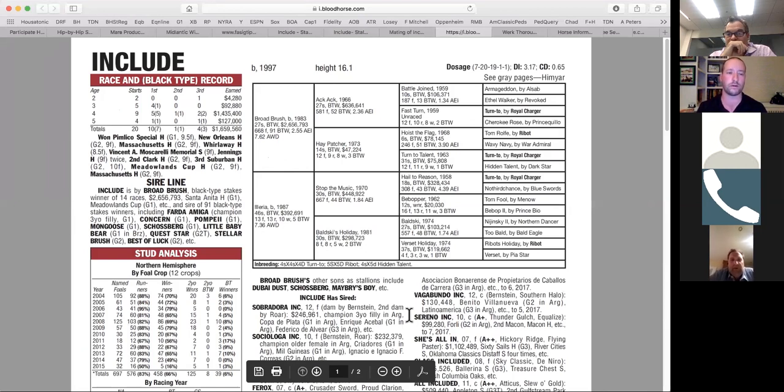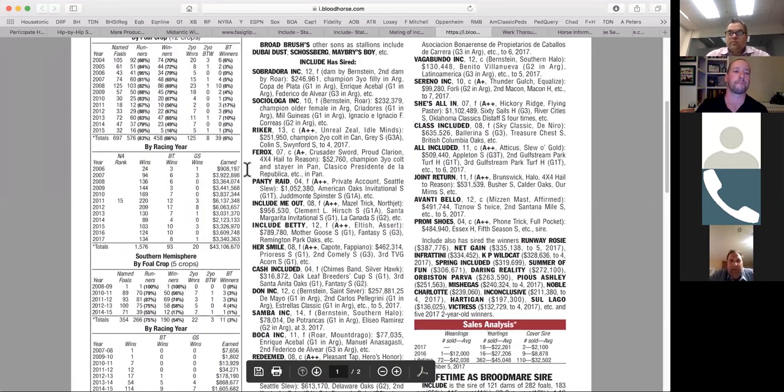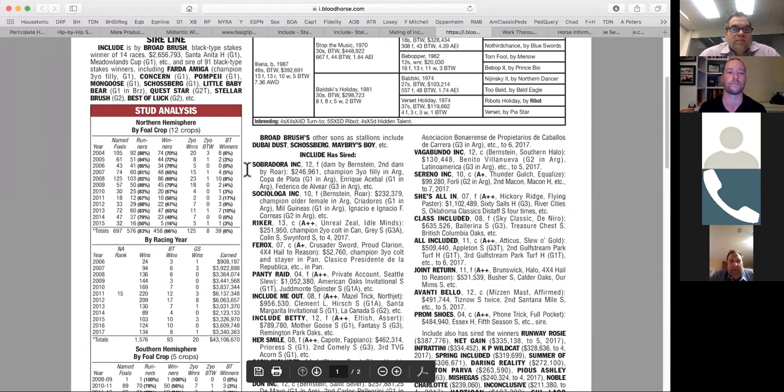It includes his race record because he has a long race record of his own. They've condensed it, figuring that's less important now that he has offspring that people can point to. Stud analysis by foal crop, lots of numbers: named foals, runners, winners, 2-year-old winners, 2-year-old black type winners, and then black type winners generally. You see his percentages there.